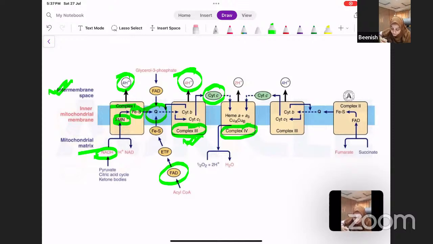From complex 4, the electrons are given to oxygen, the final acceptor of electrons, which is reduced to water. Complex 4 also acts as a proton pump, and it pumps 2 hydrogen ions into the intermembrane space. Always remember, complex 2 does not act as a proton pump.